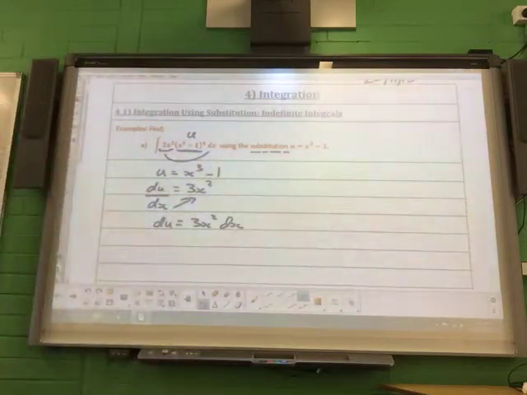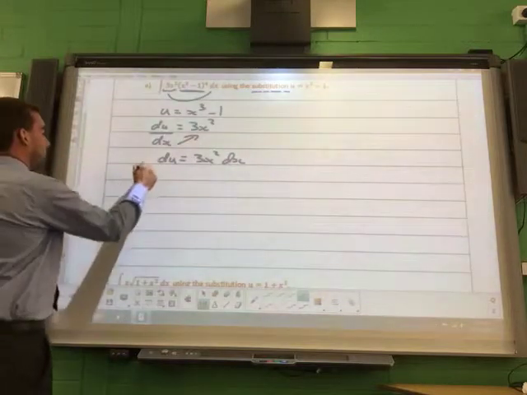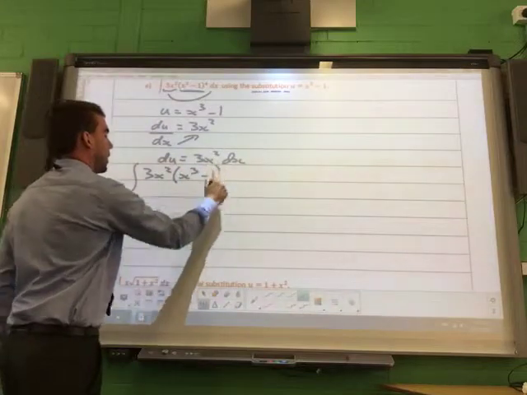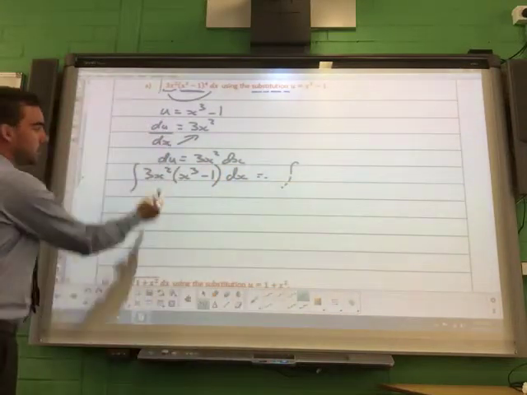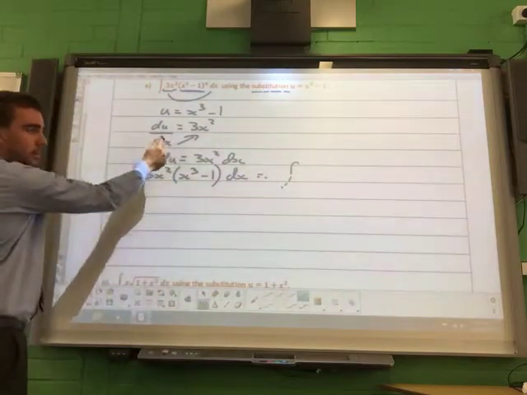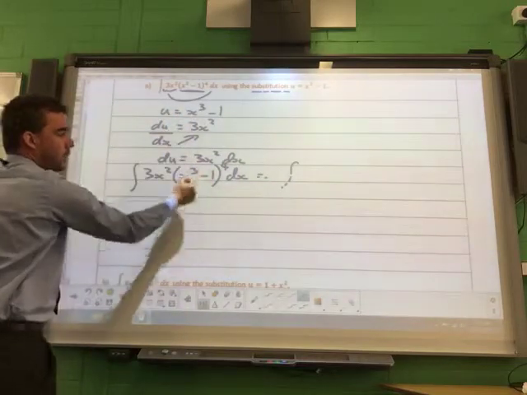So what I'm going to do is dump all that into that, and I'm going to integrate with respect to u. So the integral of 3x squared (x cubed take away 1) to the power of 4 dx is going to equal the integral, so 3x squared dx is du, and this, all to the power of 4, so u is that, all to the power of 4.